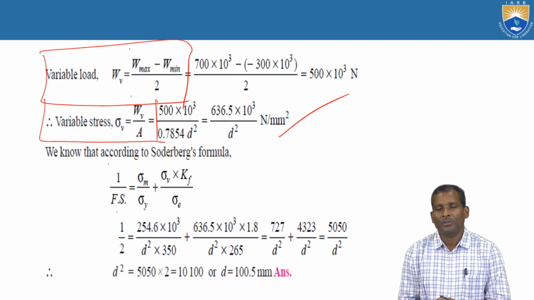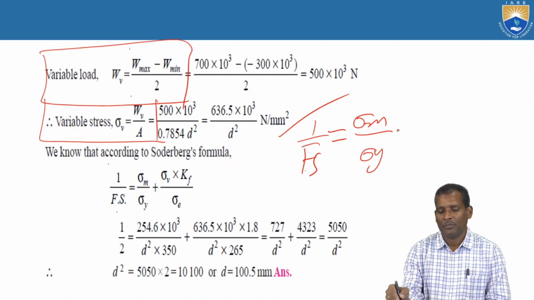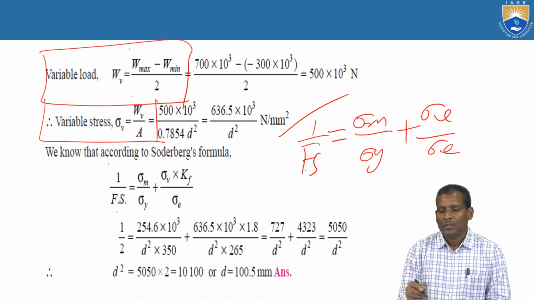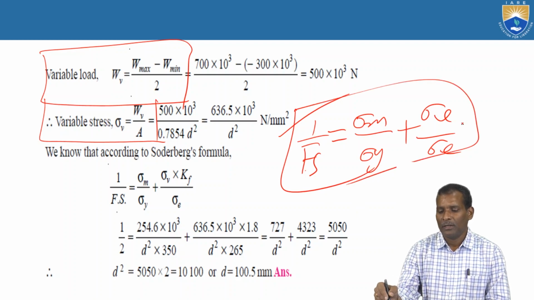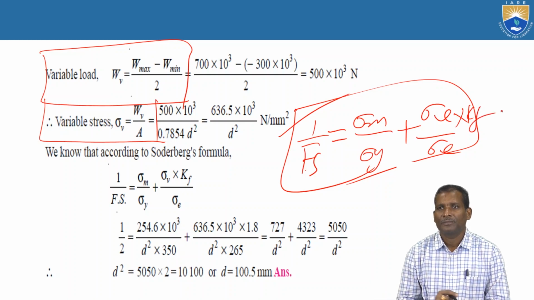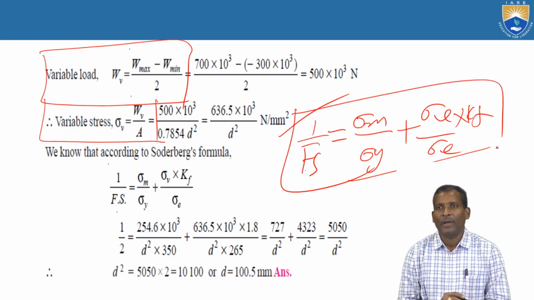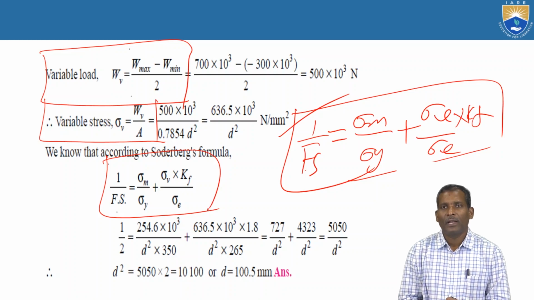Now, according to the Soderberg formula, what is the Soderberg formula? 1 by factor of safety is equal to mean stress upon sigma y plus variable stress upon sigma e, without considering any factors. Now here the fatigue stress concentration factor is given, so multiply with Kf. Now calculate the D value.